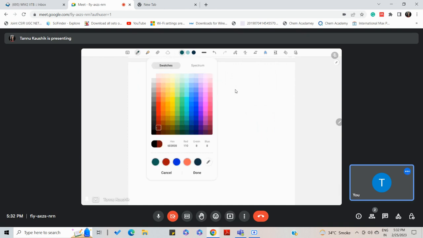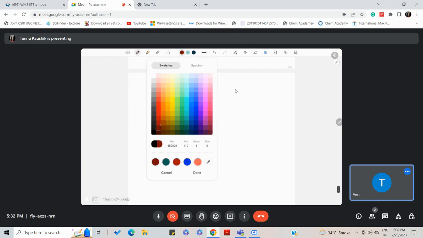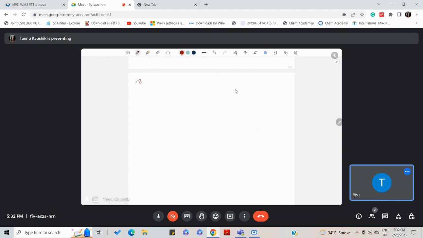So let's move to our next rule, which is the associative law.